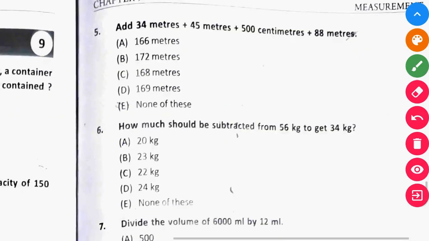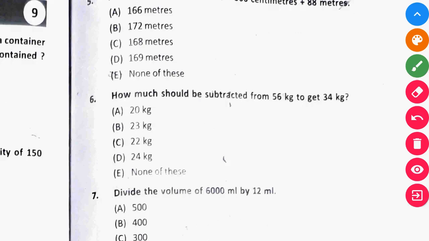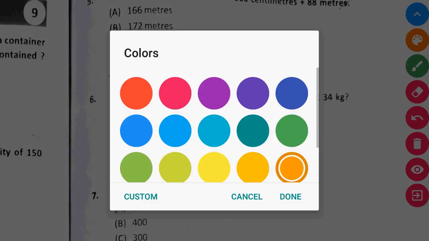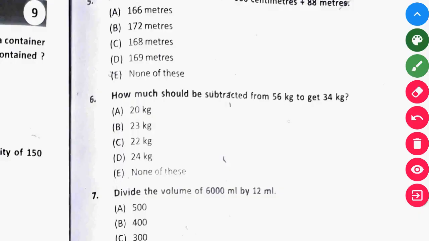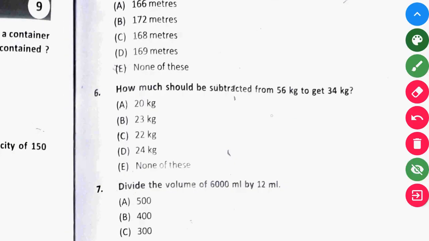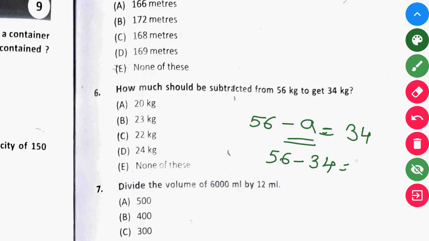Now the next one: how much should be subtracted from 56 kg to get 34 kg? Now see, again we will assume some variable x, which should be subtracted from 56 to get 34. When we subtract something from a number we get the answer, so we subtract the answer from the given number to find the number that should be subtracted.